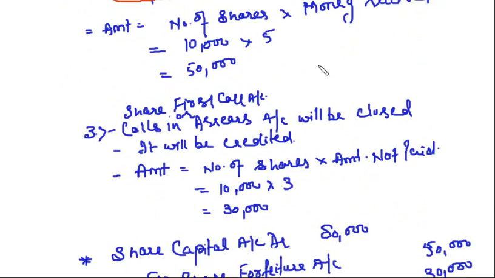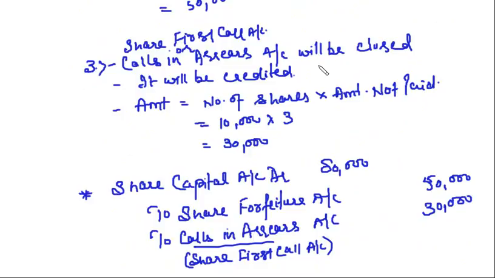Then the third step is we have to close the calls in arrears account also, because this call is no more in arrears. The subscription has been cancelled. We know we are not going to receive this call. So we will close this calls in arrears account or the share first call in case you are not opening the calls in arrears account. Clear?